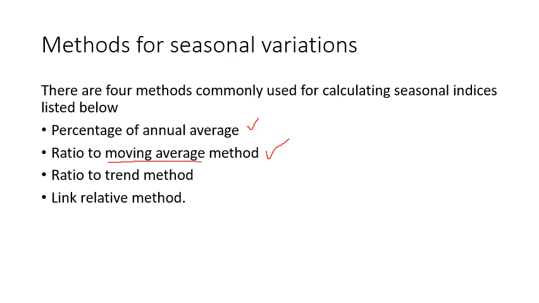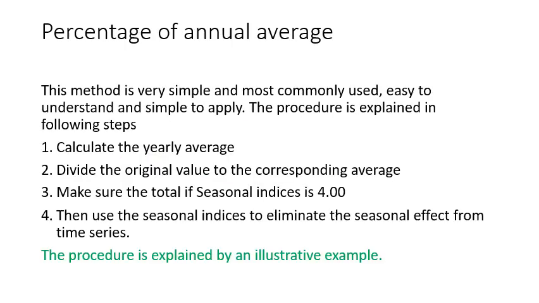Then the ratio to trend method, where trend means the method of least squares, and the link relative method. This method is very simple, easy to calculate and easy to understand, so we will first discuss this method, number one. Going to our next slide.